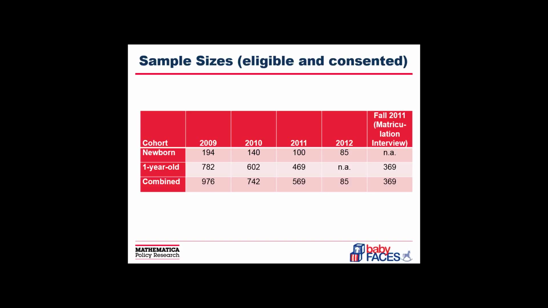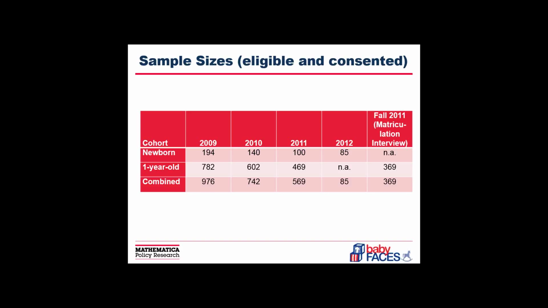And 132 eligible children's parents did not consent to participate in the study. And there were 3 additional who gave consent but rescinded that consent later on. So again, this left us with just under 1,000 children in both cohorts in the first wave of data collection in spring 2009.